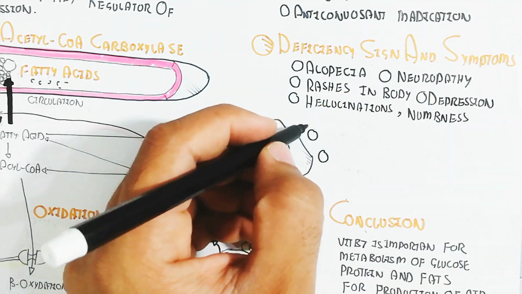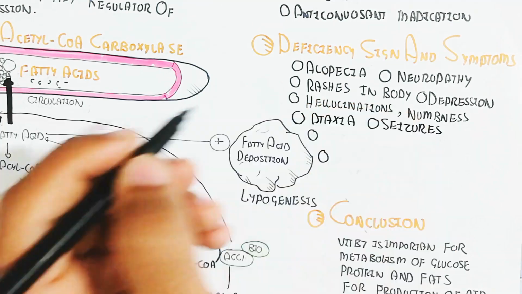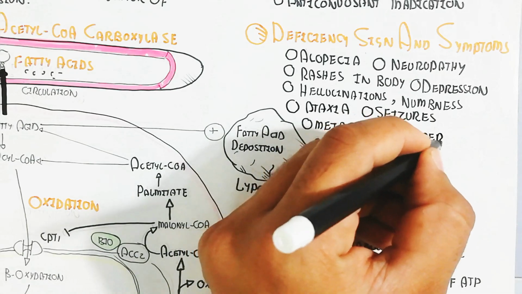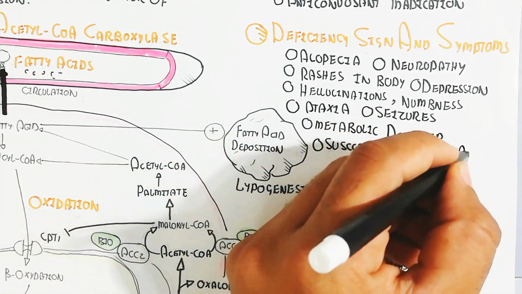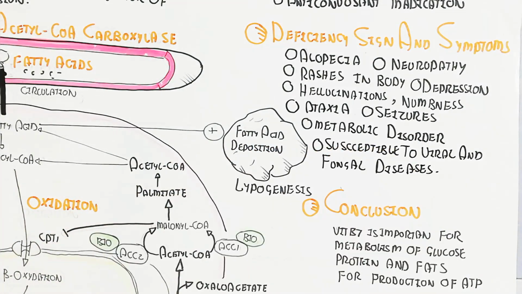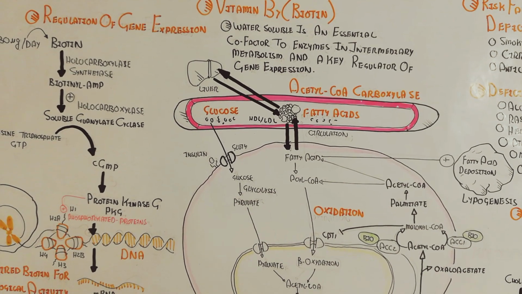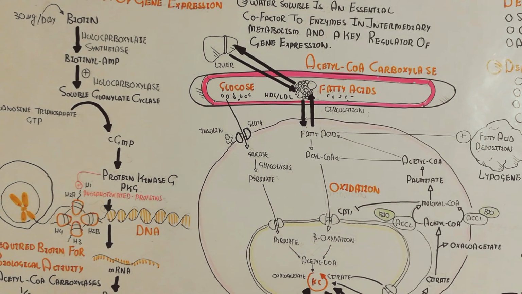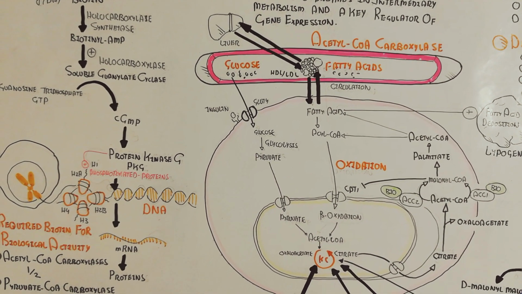Rashes on the body, depression and hallucination, numbness, ataxia, seizure, metabolic disorders, and susceptibility to viral and fungal disease, because our immune system requires all this activity. So inhibition of this metabolic reaction will inhibit the function of the immune system, and in this way it will cause more susceptibility.